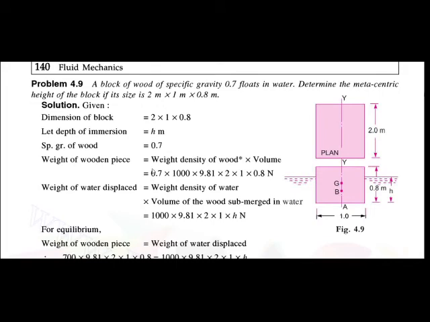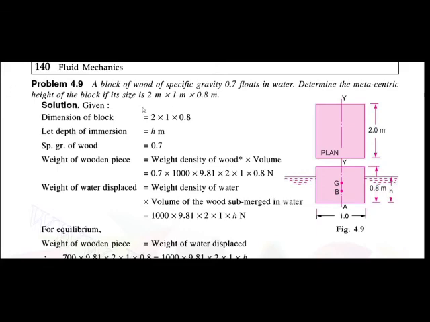Okay, but the weight of the water displaced is equal to weight density of the water into the volume of the wood submerged in the water. So weight density of water is rho into g, so 1000 into 9.81 into the volume of the wood submerged in the water.